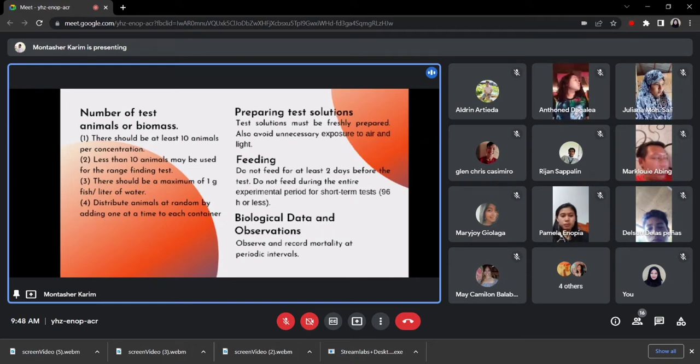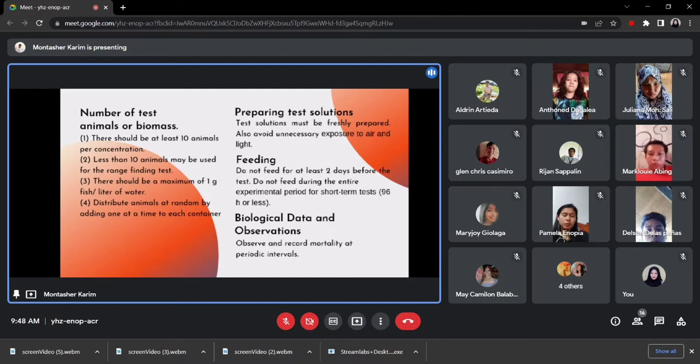And last, distribute animals at random by adding one at a time to each container. Next, preparing the test solution. The solution must be freshly prepared. Also, avoid unnecessary exposure to air and light. Next is the feeding. Do not feed for at least 2 days before the test. Do not feed during the entire experimental period for short-term tests.